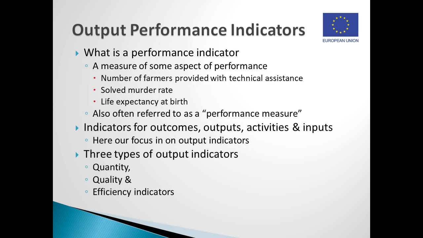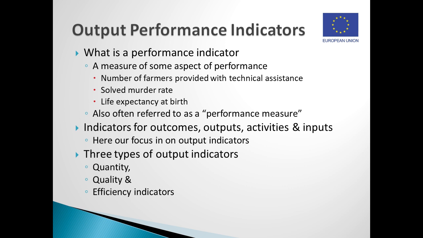Well, having discussed outputs, we turn now to output performance indicators. And we have to start by being clear about what a performance indicator is. A performance indicator is a measure of some aspect of performance.